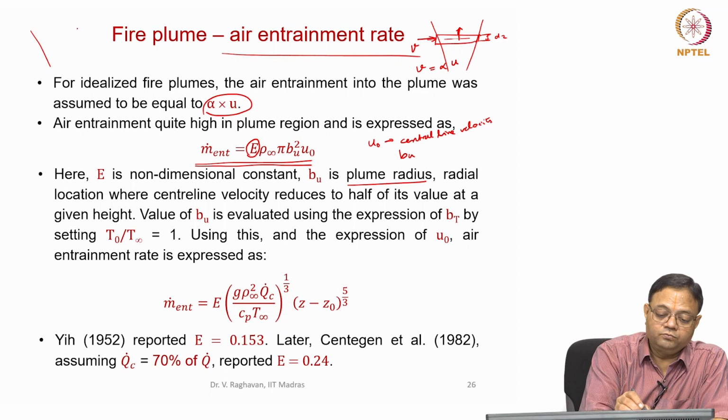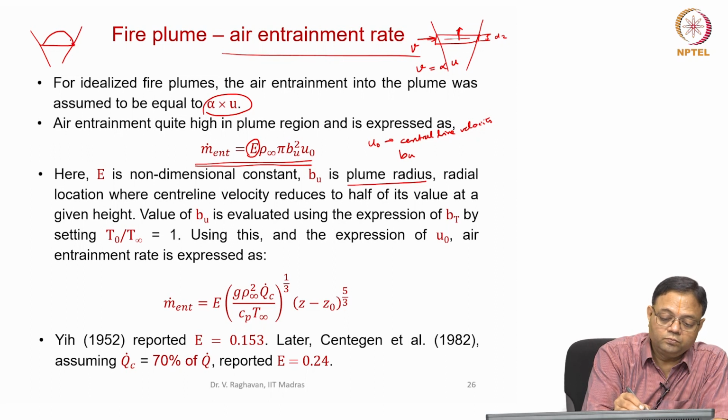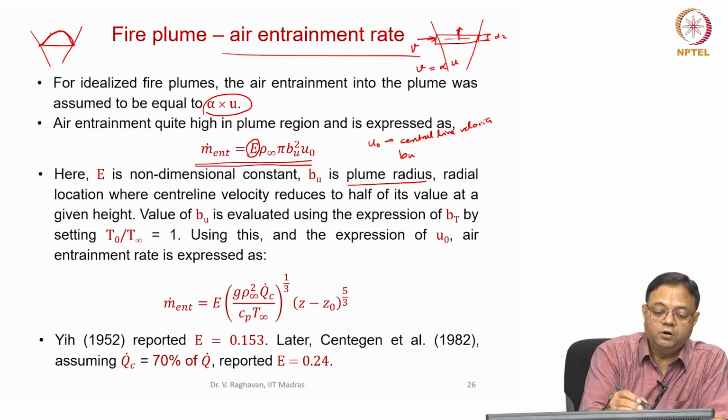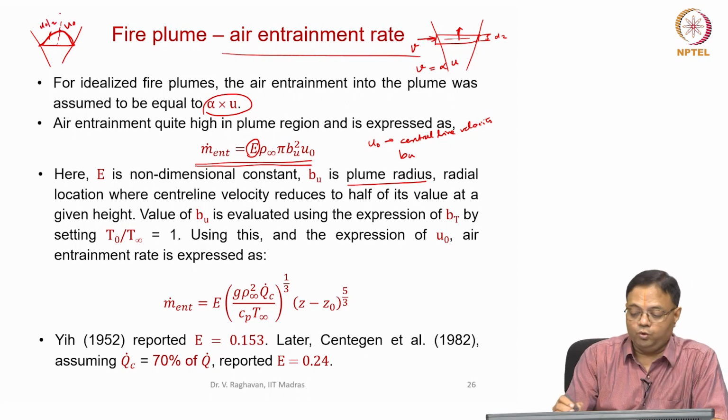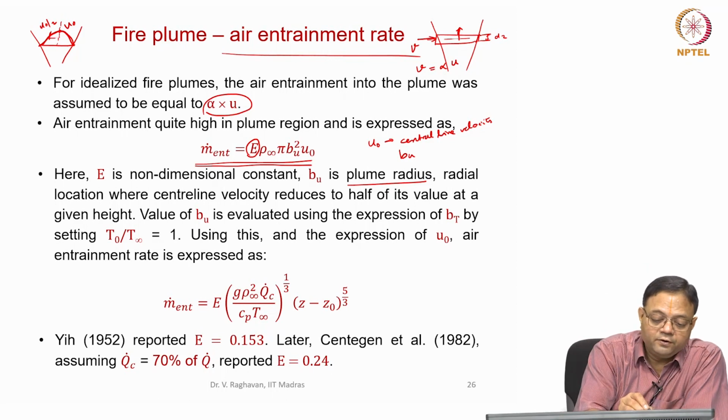So this is u naught, and the radius at which u naught drops to u naught by 2, this distance is taken as b u.